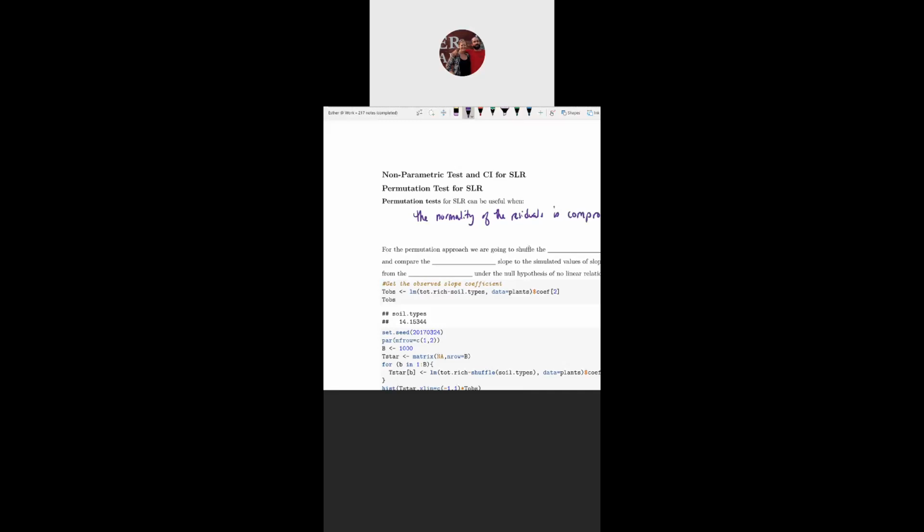So this could be an issue of skew, or perhaps we have very heavy tails, something like that. Could be considered problematic in terms of the assumptions. So that's when we would say this is compromised.